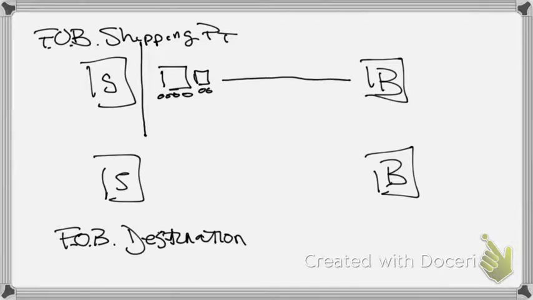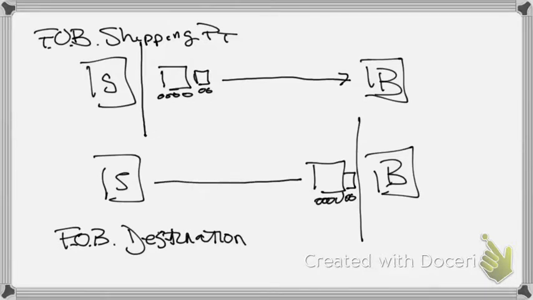So shipping point means as soon as it leaves the shipping point, it becomes the responsibility of the buyer, all right? So it's the buyer's responsibility. FOB destination says that it is the responsibility of the shipper until it reaches the destination.